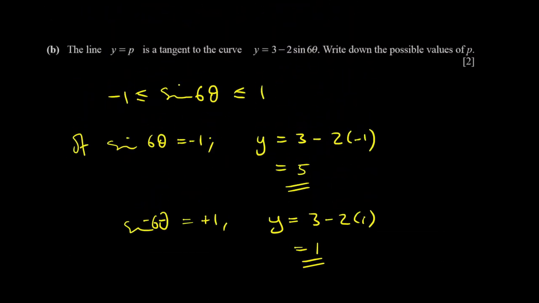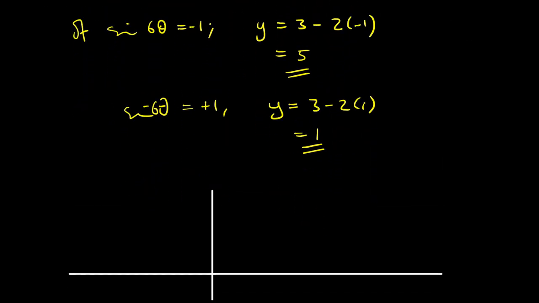So if I was to try to draw this out, even though it's not really necessary to do it, our center line would be at 3. So let's try to draw that on. So 1, 2, 3. Okay, so our center line is going to be at 3, like that.